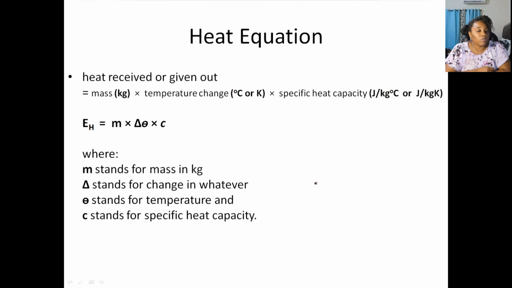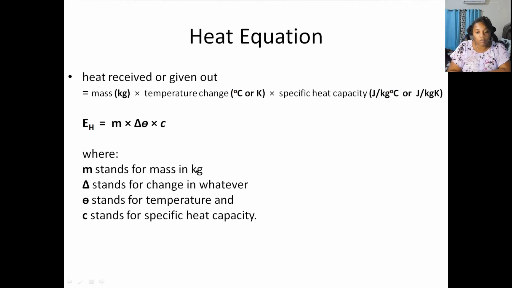Okay, the unit for mass is kilograms. The unit for temperature is going to be either kelvins or degrees Celsius, and the unit for specific heat capacity is either joules per kilogram degrees Celsius or joules per kilogram Kelvin, or joules per gram degrees Celsius or joules per gram Kelvin, and that depends on whether you're using kilograms.